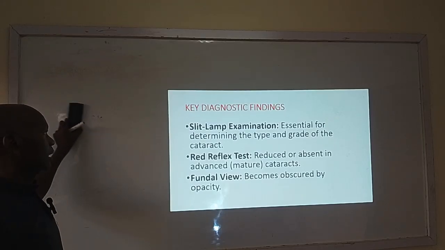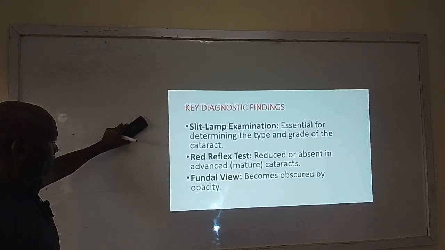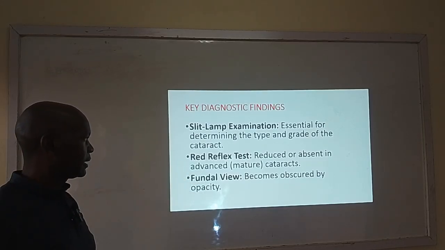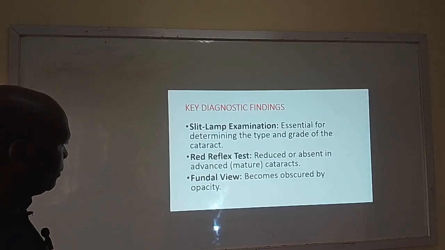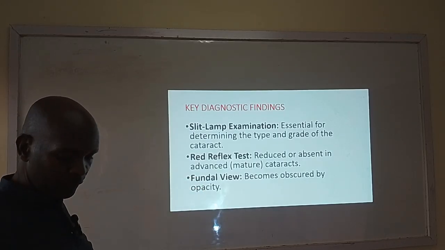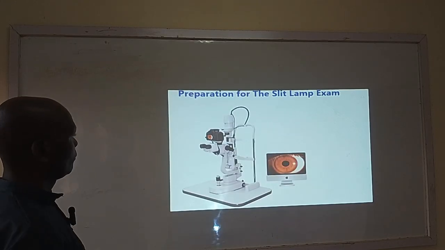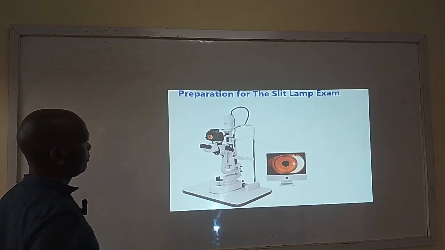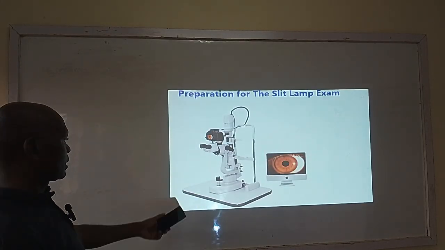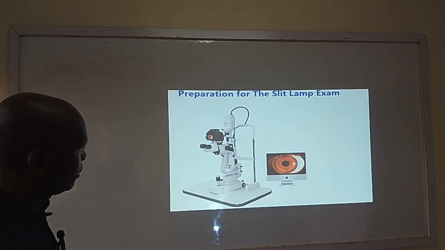So diagnostically, we use a slit lamp. We can also do a red reflex test, particularly during fundoscopy and fundal view. You look at the fundus, how it looks. So this is the slit lamp. This equipment you see here is what we call the slit lamp.